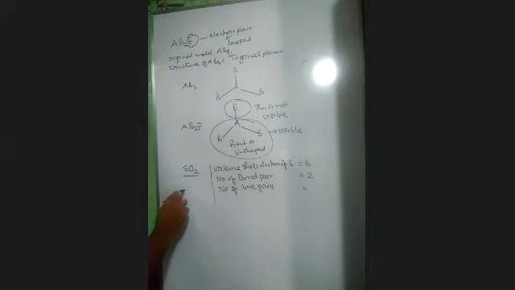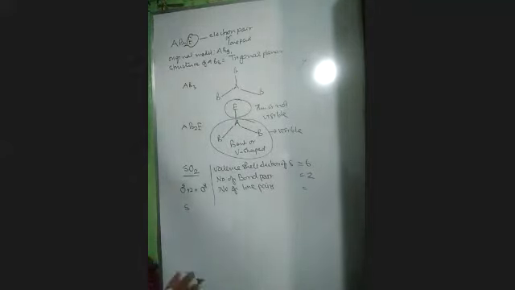See here, oxygen has 6 electrons, so it takes 2 electrons to form an octet of 8. So if the sulfur is having 6 electrons, 2 electrons are taken by one oxygen, and the other 2 electrons are taken by another oxygen.